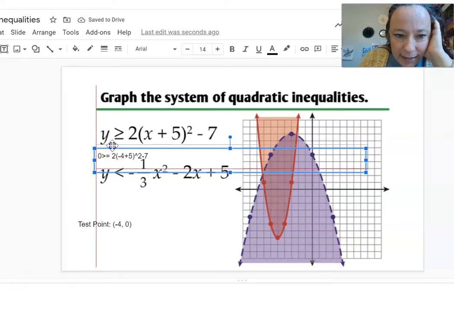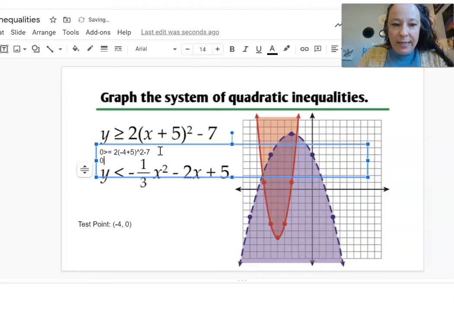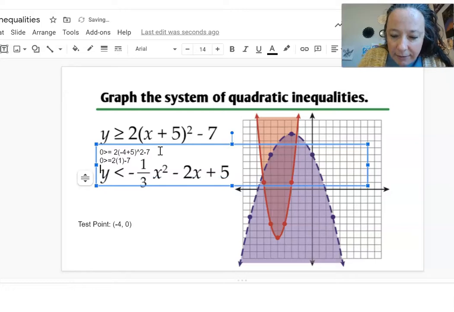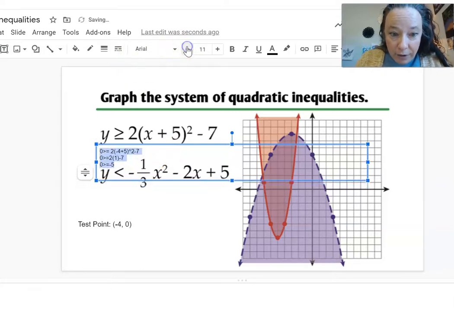This is how you test it. And it's a tedious process, but it's how you can know if you're right or not. So is 0 greater than or equal to, all right, that'd be 2 times 1 squared, which would be 1, minus 7. So is 0, and I know I'm being all messy right now, is 0 greater than or equal to negative 5? It is. So it satisfies the first inequality for sure.